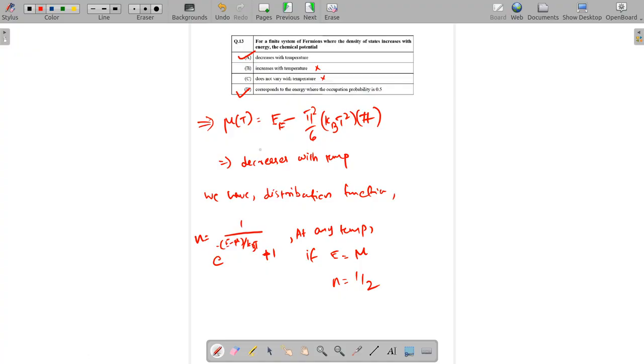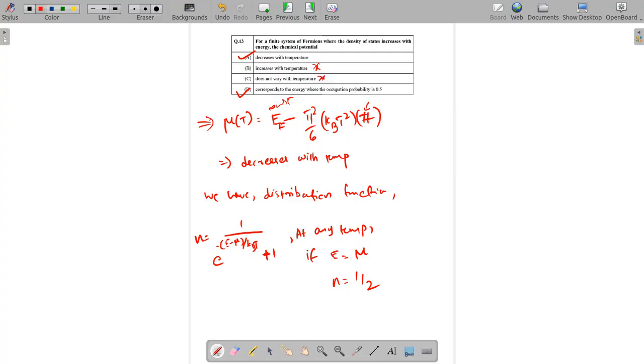Roughly there is a constant sitting here, but we only want to look at the temperature variation. So this is a constant Fermi energy, and as you increase temperature, this decreases. So with temperature, the chemical potential decreases. So this is true, and this is wrong, and this is also wrong.